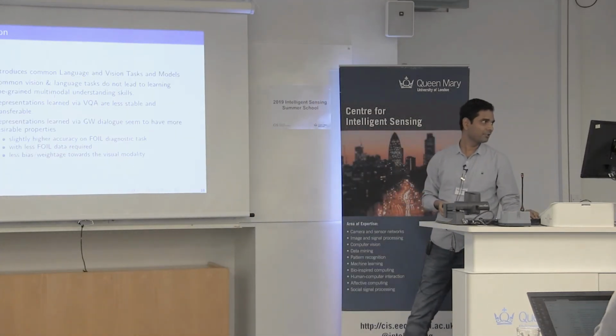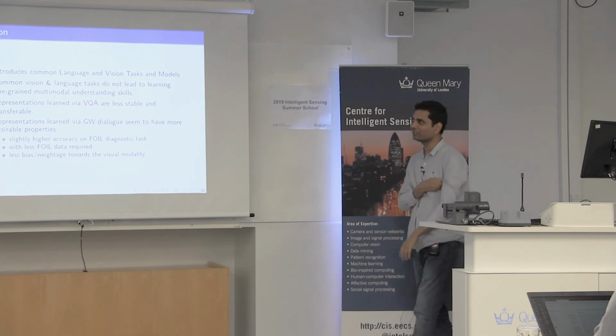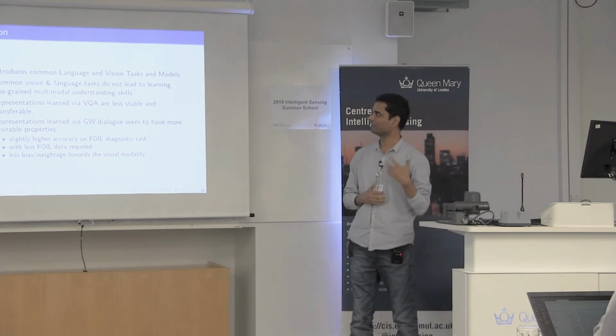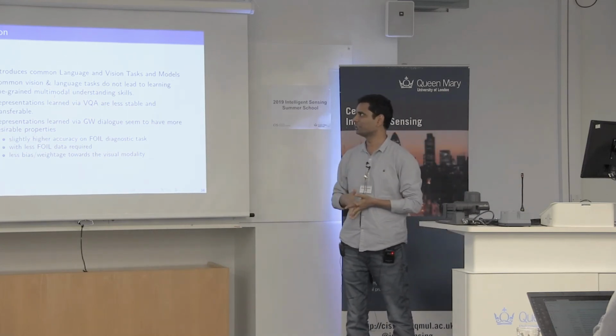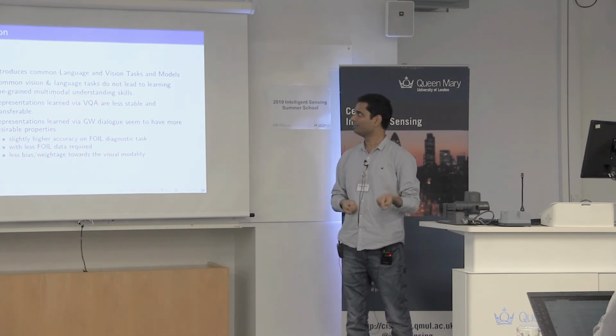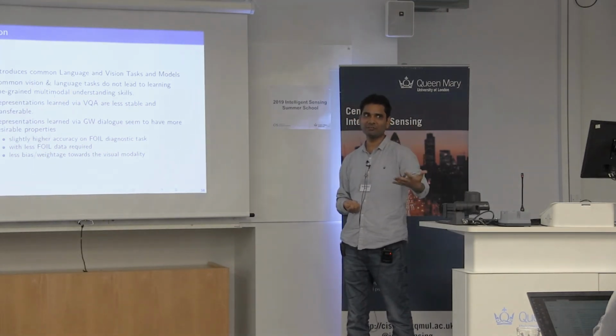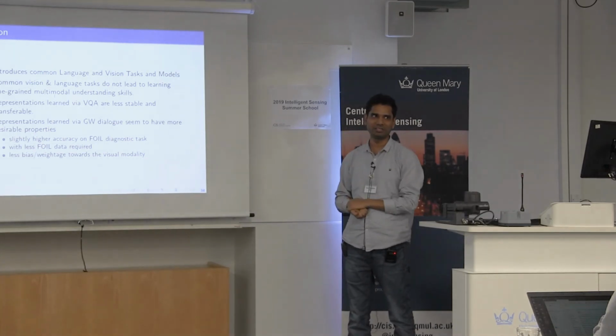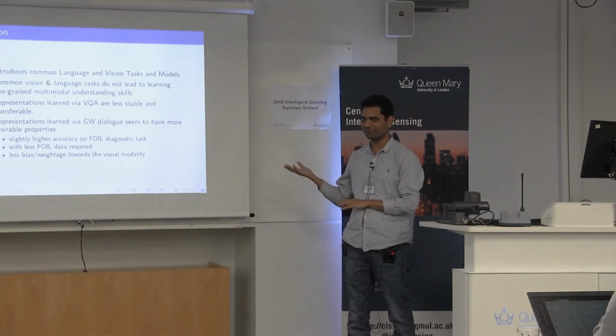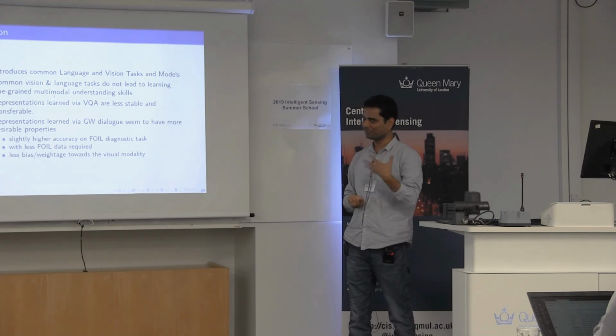So in short, we found that introducing the common language and vision tasks makes these models perform well on the tasks, but when we try to transfer to another task, it is still far behind humans, or more or less at the chance level itself, I would say.